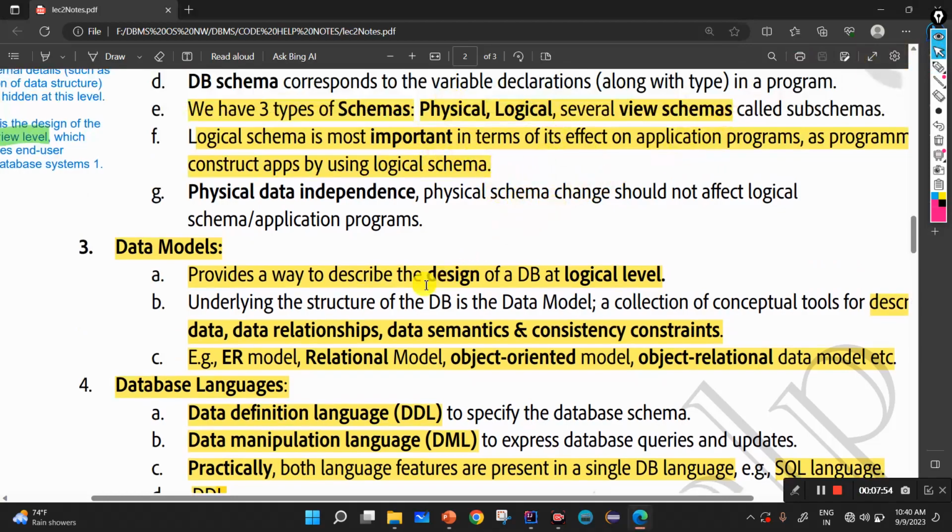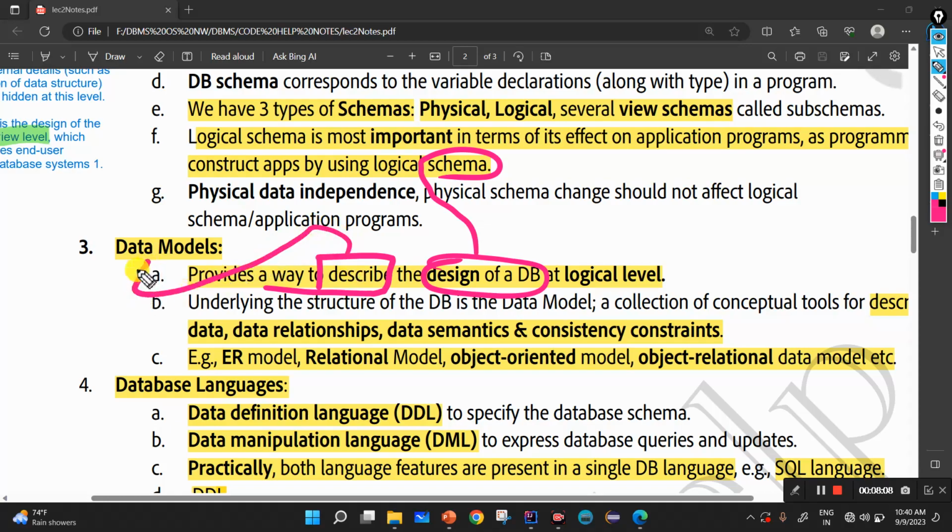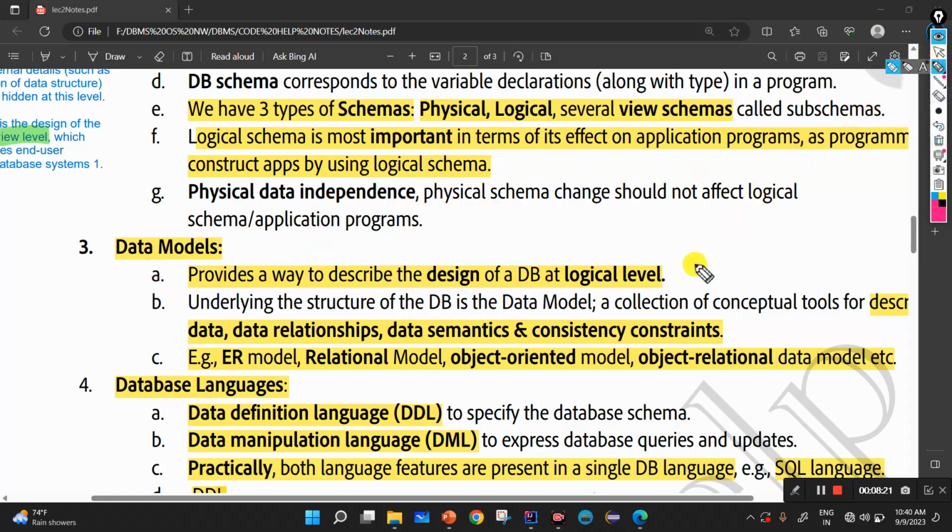Schema is the design of the DB. A data model describes the design of the DB, you can say it describes the schema.